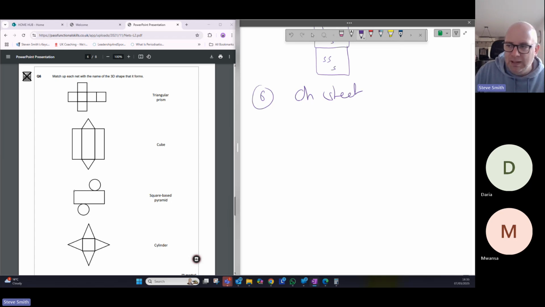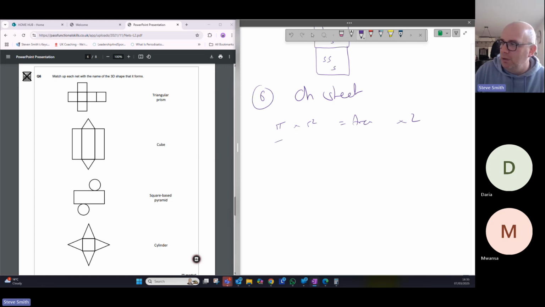But what that measurement is common with is the distance right around that circle. So to find the area of your circle, you've got pi times r squared, that equals area. Then you times that bit by 2 to get that bit and that bit.